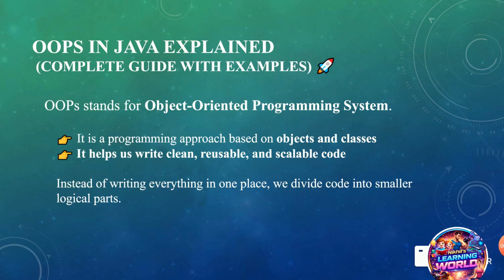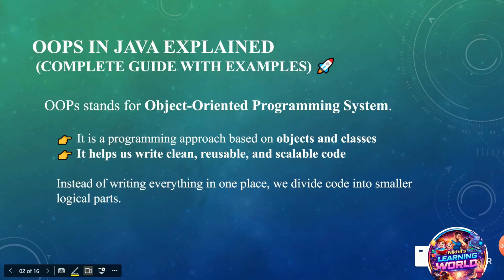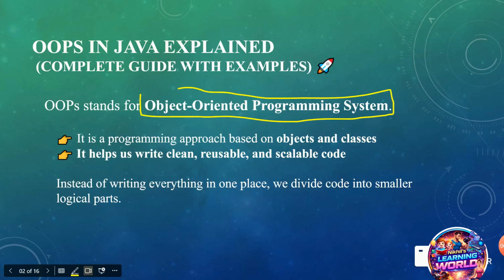So let's start with the basic things for the OOPS concept in Java. OOPS stands for Object Oriented Programming System, and it's a programming approach based on objects and classes. It helps us to write clean, readable, reusable, and scalable code as well.